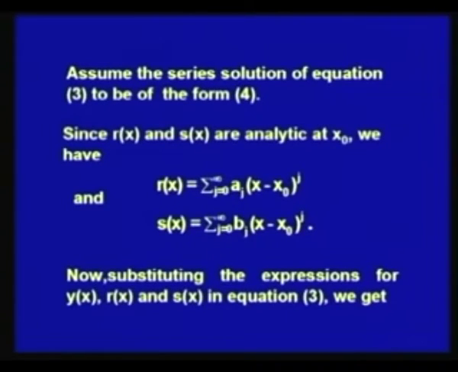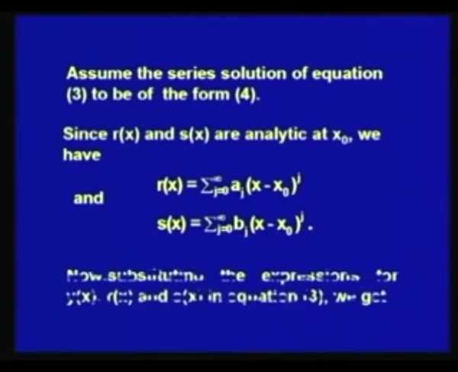Since R(x) and S(x) are analytic at x equal to x naught, we can write their power series. The series of R(x), let us write as sigma j equal to 0 to infinity aj (x minus x naught) to the power j, and S(x) we may write as sigma j equal to 0 to infinity bj (x minus x naught) to the power j. And let us now substitute the expressions for y(x), R(x) and S(x) in equation number 3.